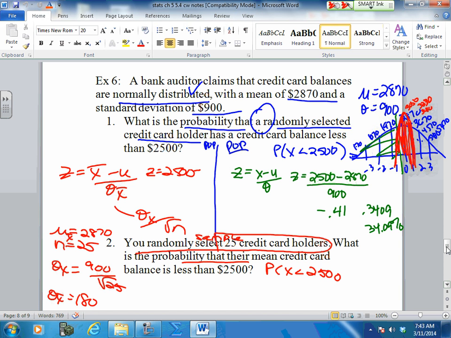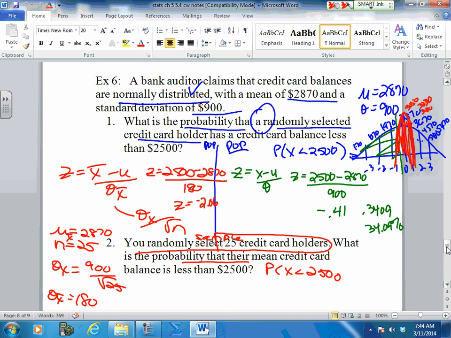It still subtracts. Divided by, we're going to use your 180. And this time, we get negative 2.06. Look how much further down that is than your negative 0.41.